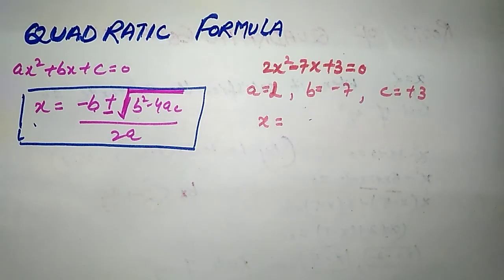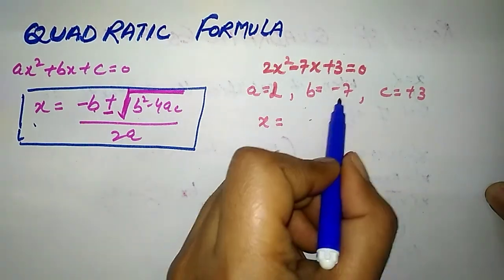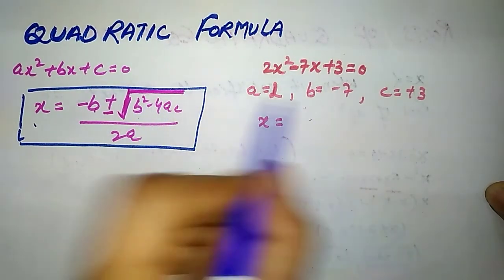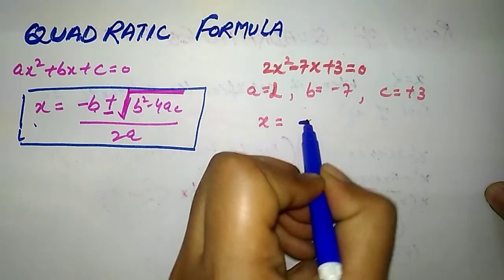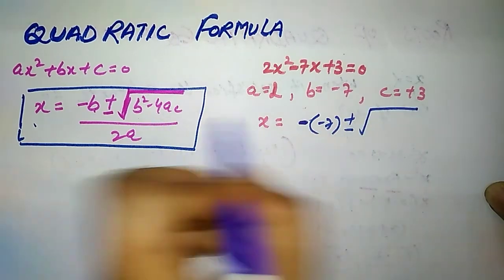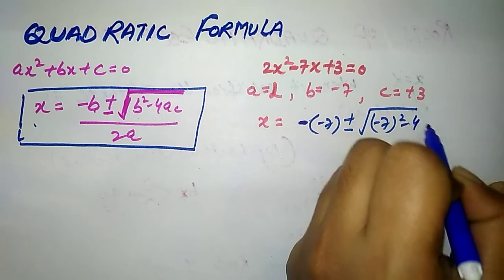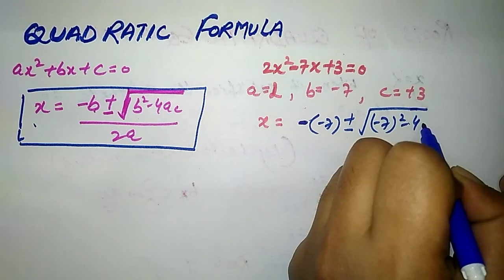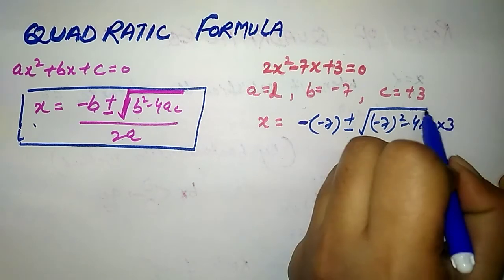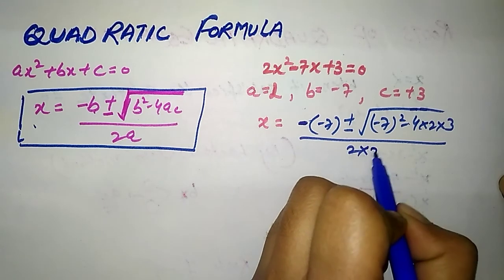Now put the values here. We get minus b is plus 7 because b is minus 7. Clear? So we have 7 plus minus root of b square, that is minus 7 whole square, minus 4ac, where a is 2 and c is 3, upon 2 into a, where a is again 2.